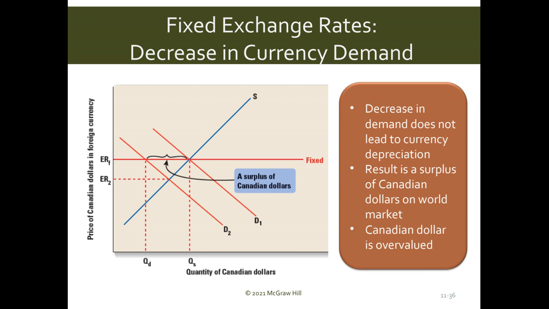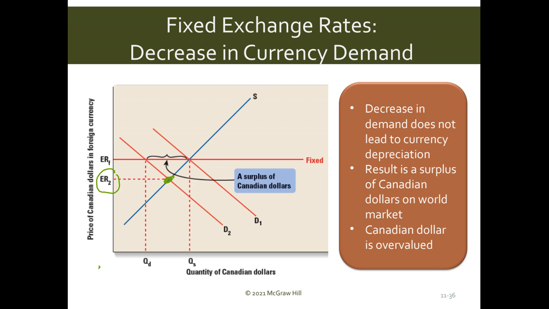So the currency, if this market is working freely, that is under flexible exchange rate, then this should have been the exchange rate, right? That is, the currency should have been depreciated. But the Bank of Canada is continuously buying Canadian dollars in the foreign exchange market. The Bank of Canada cannot do this for long because it has fixed foreign reserves.